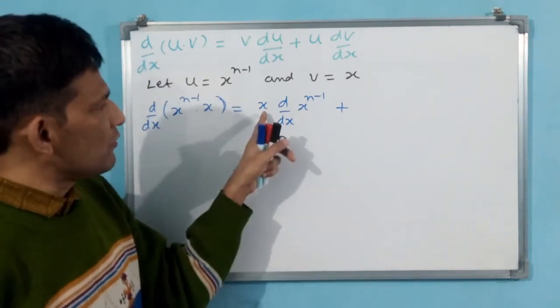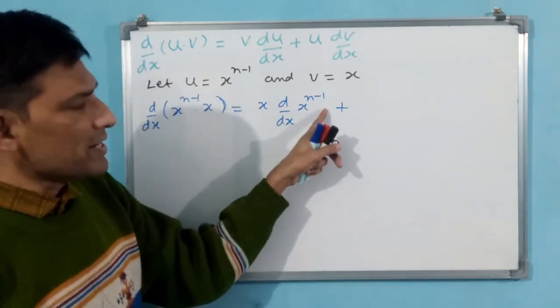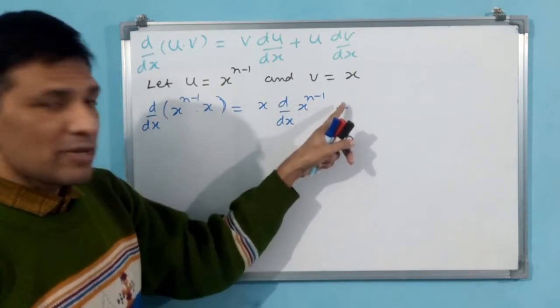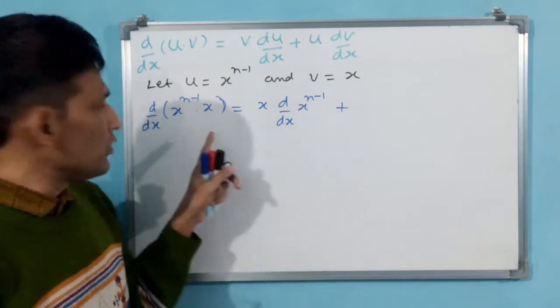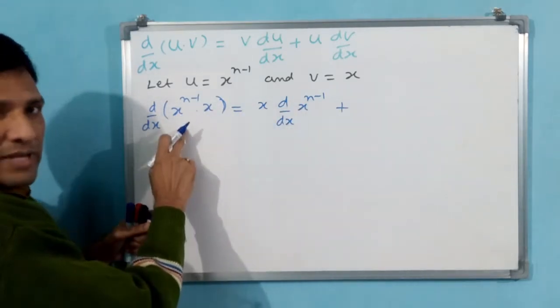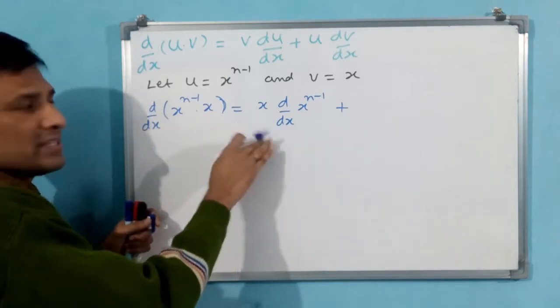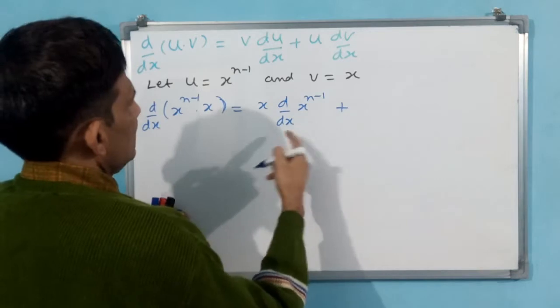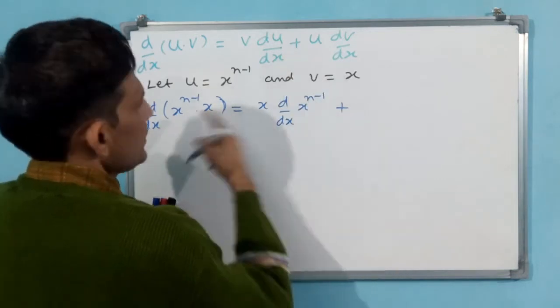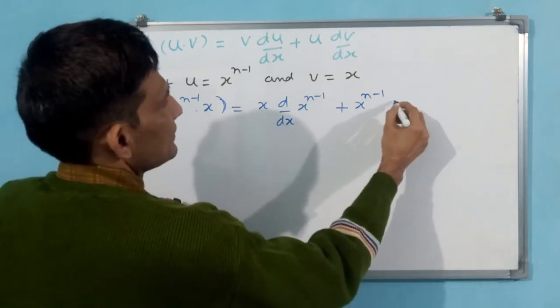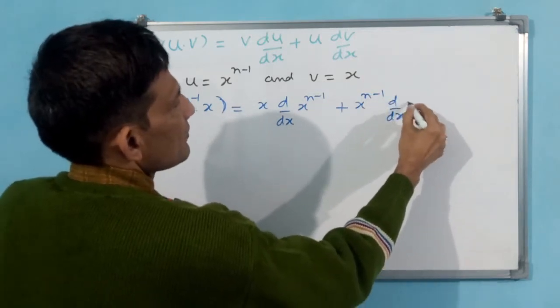If you write this x here, d by dx of x power n minus 1 into something again becomes a multiplication. That is why first you write v, then du by dx. You must have understood now.